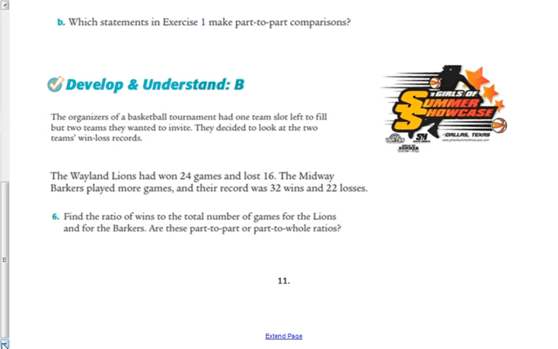Are these part to part or part to whole? So we're going to go to the total number of games. If the Lions won 24 and lost 16, that means they played 40 games. And the Midway Barkers won 32 and lost 22, so that's 54 games total.